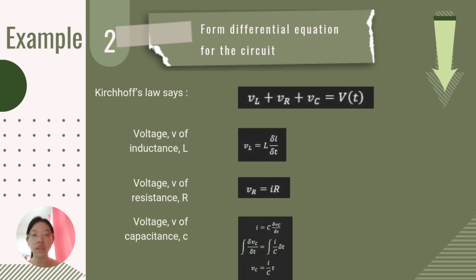Okay, the next step is we're going to form the differential equation for the circuit. According to Kirchhoff's law, we will form 4 equations. For the first one, and the equations for the voltage of inductance, voltage of resistance, and also the voltage of capacitor. But for the last equation, we need to be alert because we need to integrate this equation to gain the voltage of capacitor.